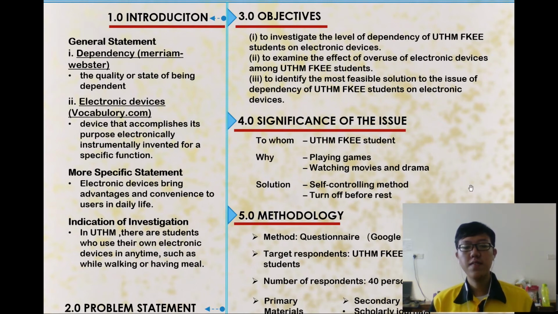So after they use it for a few minutes, they will change, like switching to Facebook or WhatsApp to find entertainment, and increase the time they use the electronic device. And the second one is to turn off the electronic device before rest.